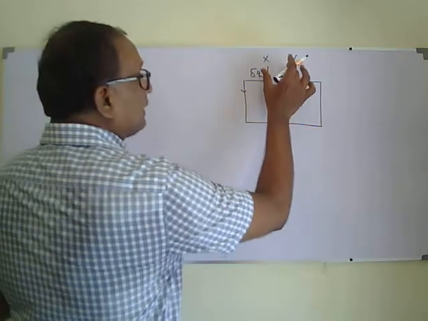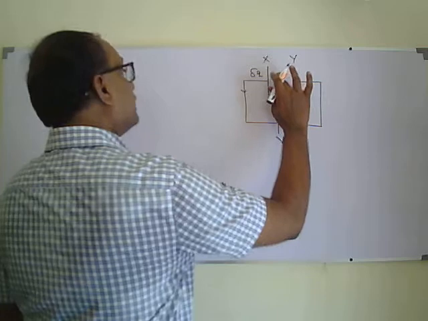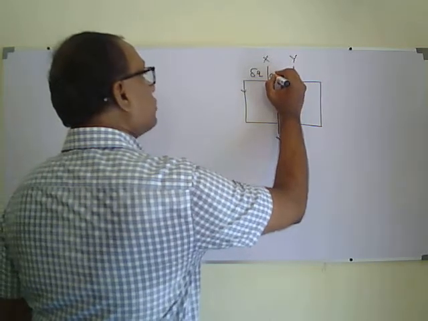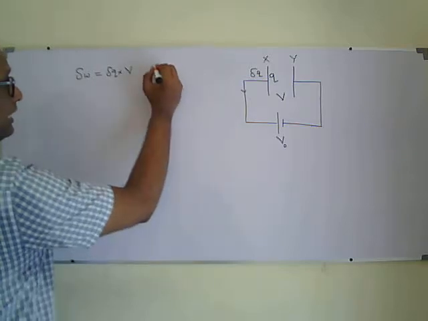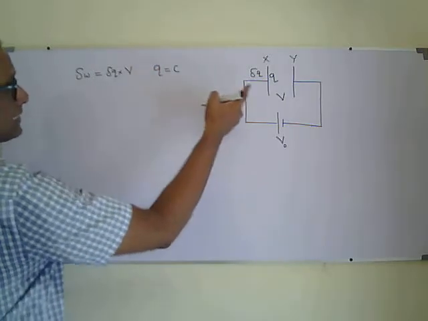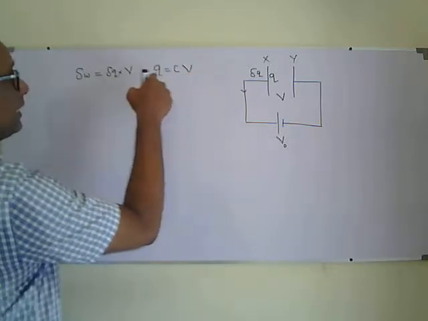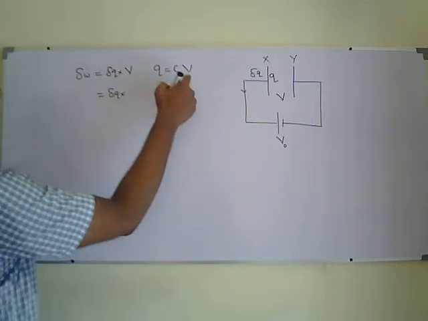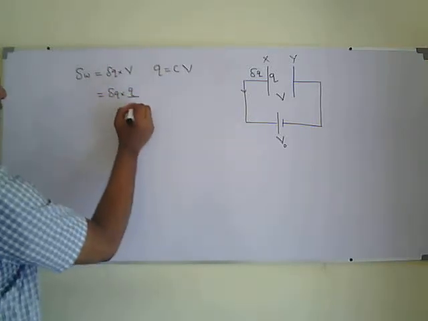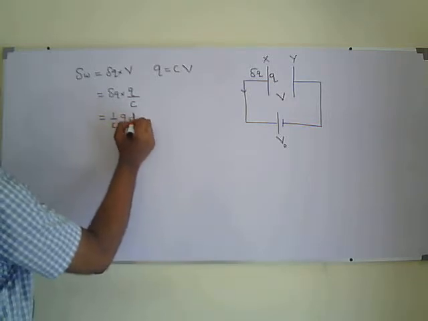Now imagine at that instant the charge stored in plate X is Q. According to Q equals CV, where C is the capacitance, instead of V, I can say Q over C. So that is going to be delta Q times Q over C, that is 1 over C Q dQ.